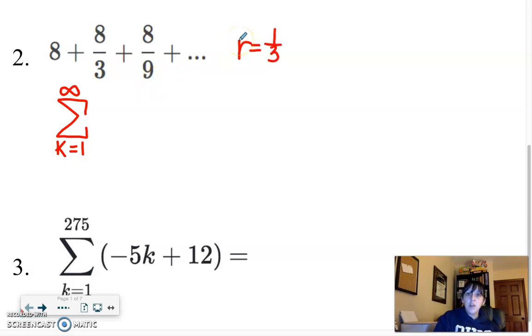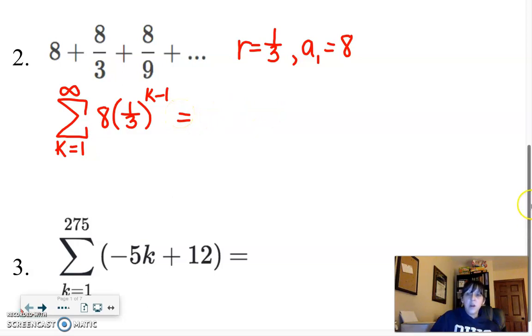So our common ratio would have to be 1/3. And then our A1 value is clearly 8. That's the first term. So I'm going to write my explicit formula saying 8 is A1 times R to the n minus 1. I will be using K this time because I just decided to use K.